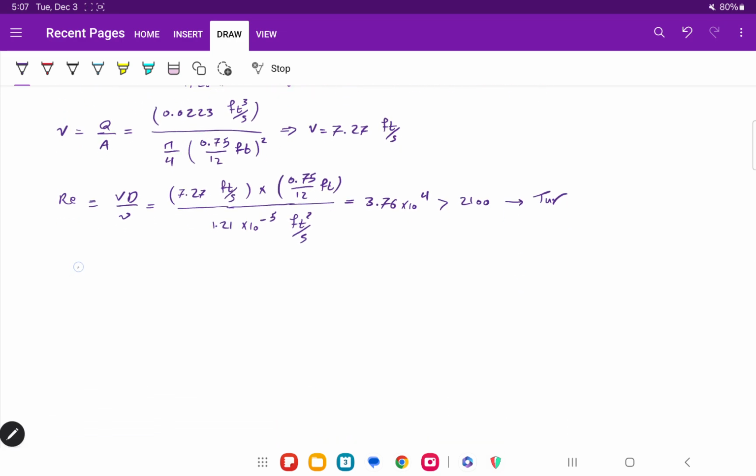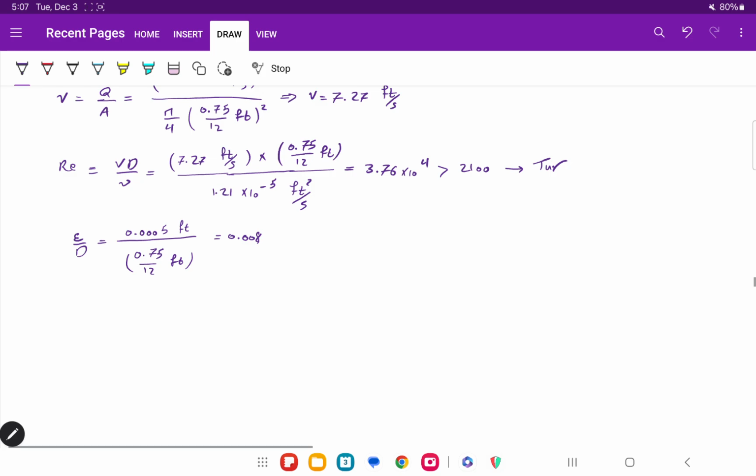So we need epsilon over d: 0.0005 feet divided by d, 0.75 over 12 feet, equals 0.008.